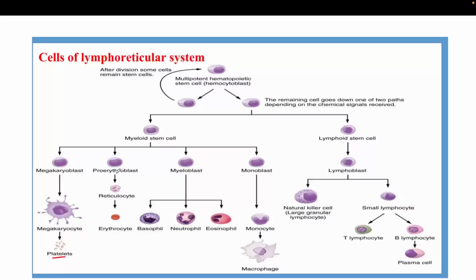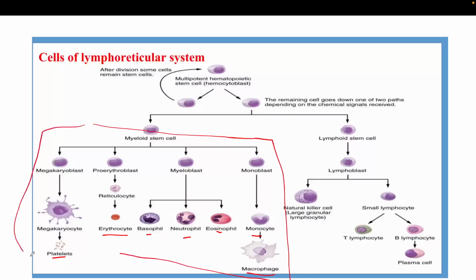From proerythroblast it will give you the erythrocyte or RBC. From the myeloblast it will give you the basophil, neutrophil or eosinophils. From the monoblast it will give you the monocyte, and after monocyte it will give you the macrophages. All these cells are essential for innate immunity.